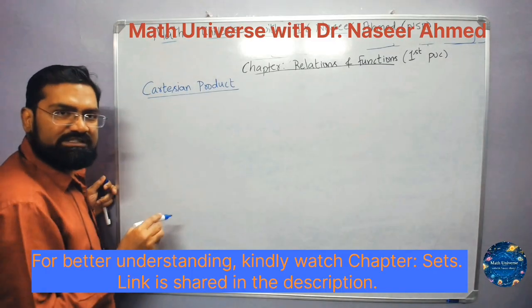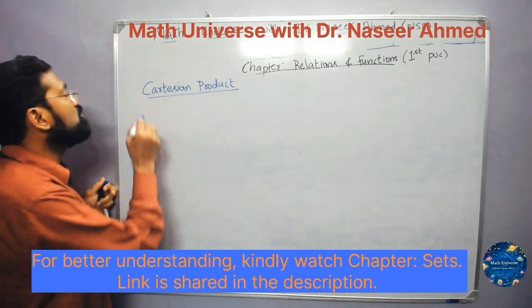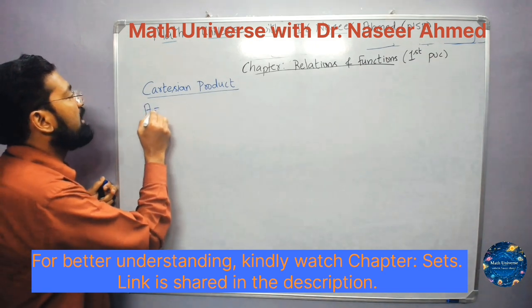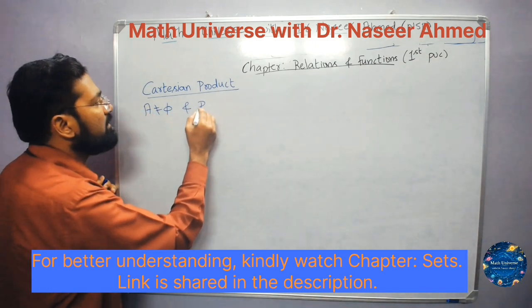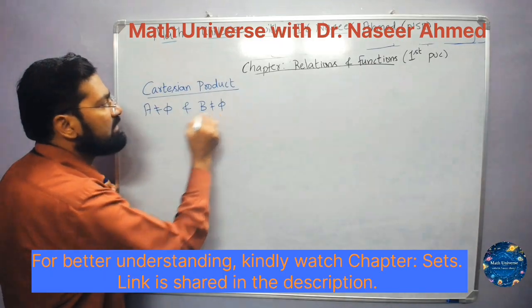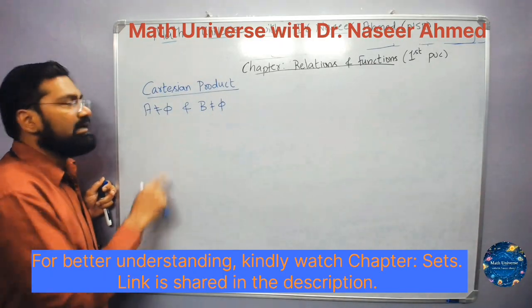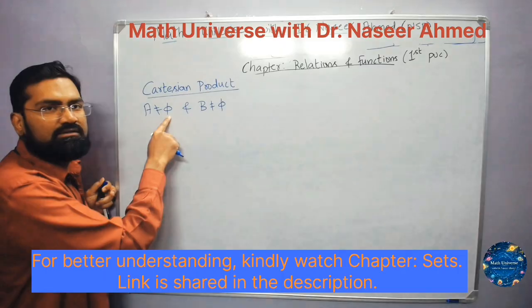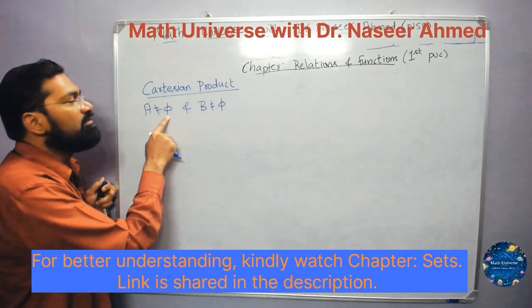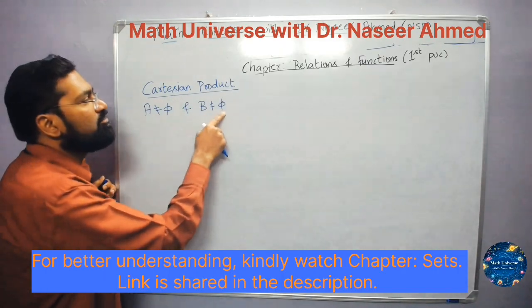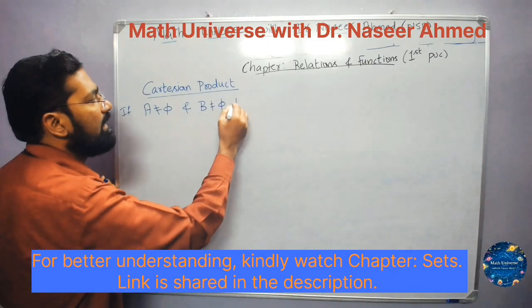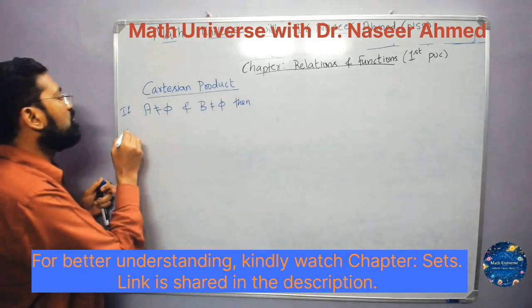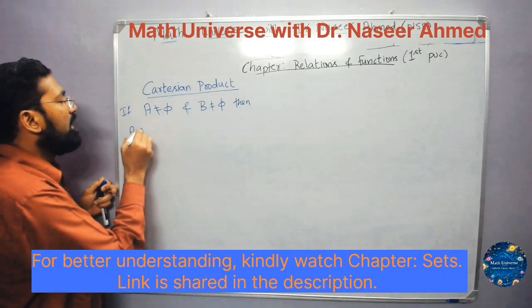Let us suppose that we have two non-empty sets, A and B. I hope after watching chapter 6, you are very clear what this symbol stands for: empty set. I'm saying A should not be equal to the empty set. Similarly, B should also not be equal to the empty set. If this is so, then we are going to have A cross B.